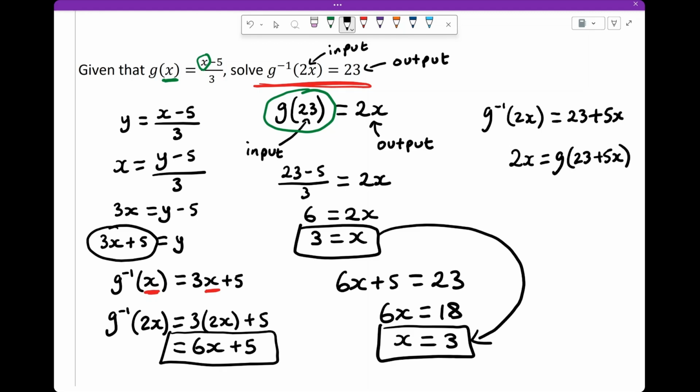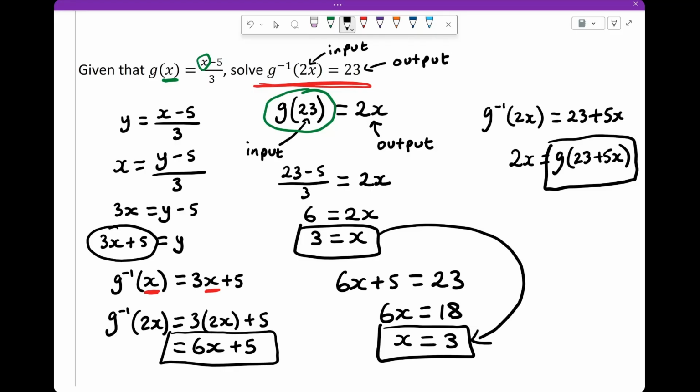So I'd need to find the function g of 23 plus 5x, which is a bit trickier than just finding g of 23. So the second method would take a little bit longer with this second equation. And for even more complicated equations, you might find you have to work it through like I did with the original method.